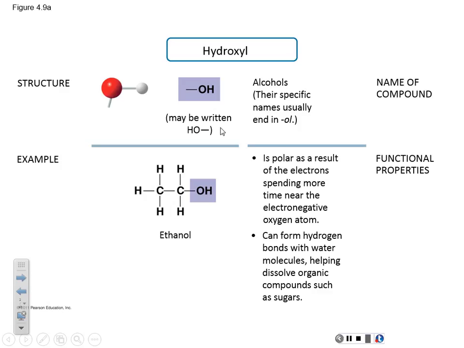Instead of being a relatively inert gas that can't be well dissolved in water, putting that one little change on there causes it to be an exceptionally water-soluble molecule that has a little bit of chemical activity because it has, with that OH, with that hydroxyl, a little bit of partial separation of charge. Okay? The H will have a whiff of positive, the O will have a whiff of negative, and that makes all the difference in terms of the chemical behavior of this molecule. Okay? So those are alcohols. That's ethanol.